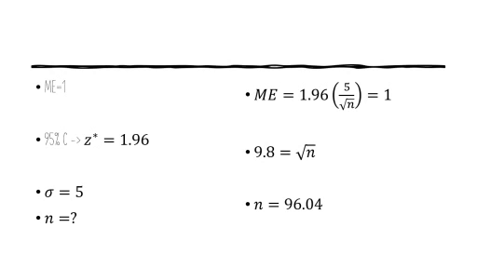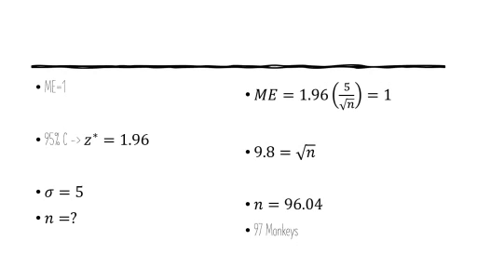So in this case, 96.04 is the n that we would want, but because you can't have 0.04 of a monkey, you would round up to 97. You always want to round up because you want to be more sure about it.